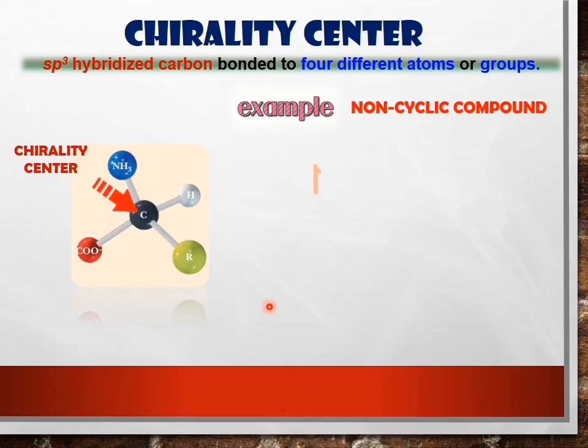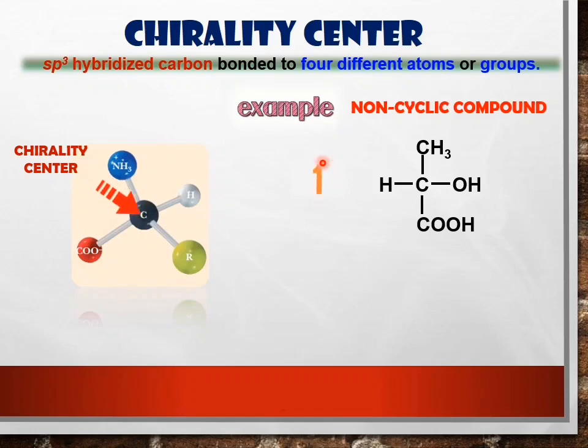So look at the first example here. For example, you have this compound. This compound contains a chiral carbon. Where? Here we have 3 carbons, first, second, and third. Between these 3 carbons, which carbon is the chirality center? Yes, a chirality center should be bonded to 4 different atoms or groups of atoms.